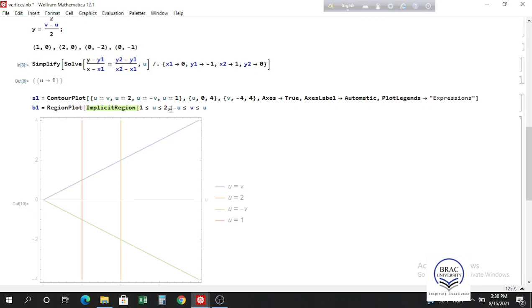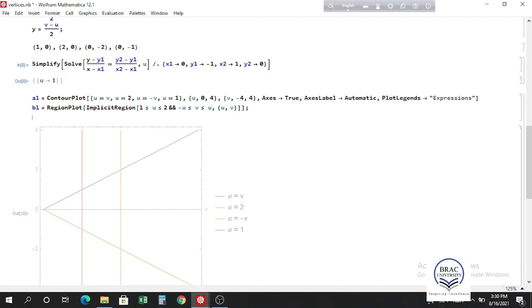You have to give the double and sign, not comma. And u and v are our variables here. And show a1 b1. Well, I didn't give the semicolon sign in the contour plot. Now you can see the shaded bounded region inside the graph.